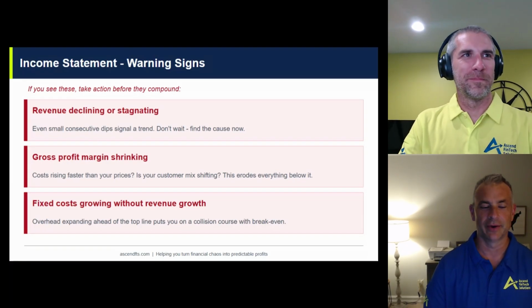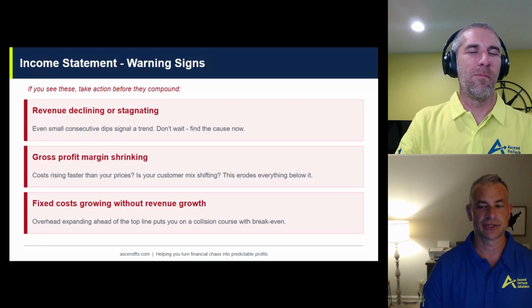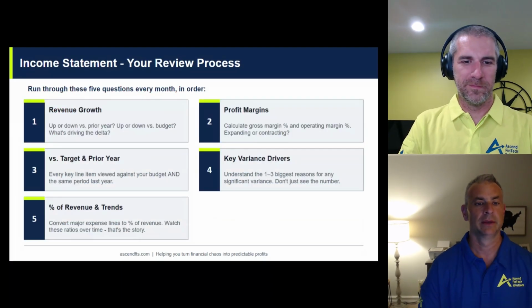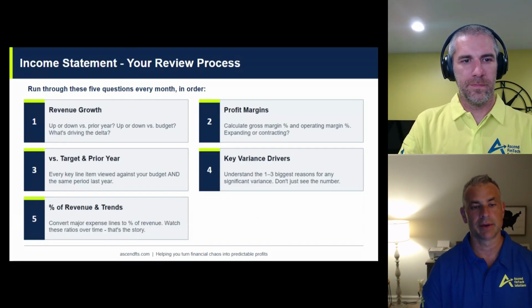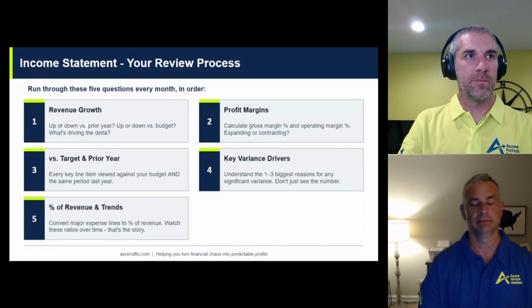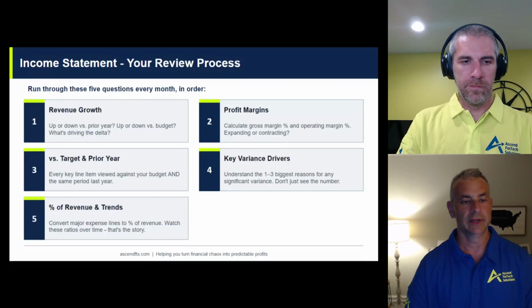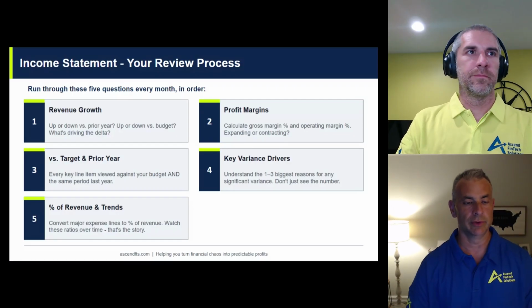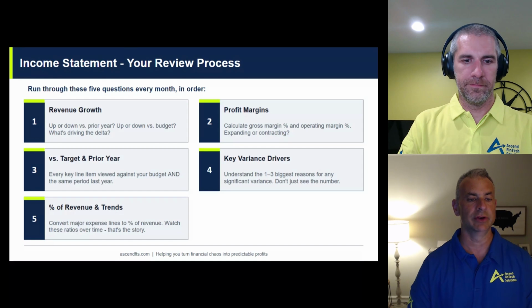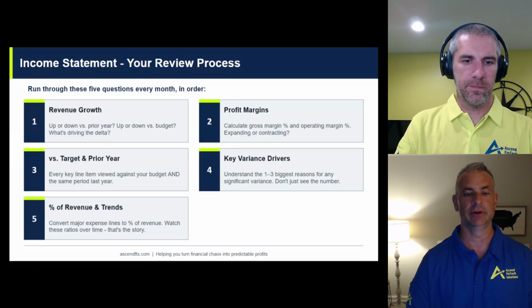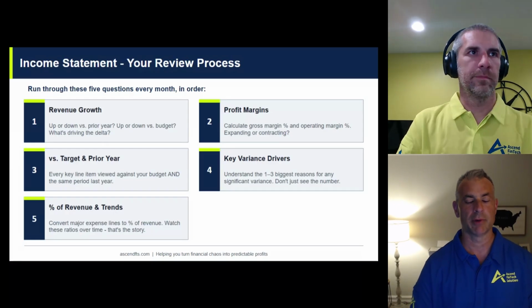There you go. Those are some red flags that you would need to look into. Now we'll talk about the review process, maybe 5 steps to go through each month when you're reviewing your financials. Again, revenue growth. Are you up? Is it down? What's the trend? What's driving your revenue growth? Profit margins.